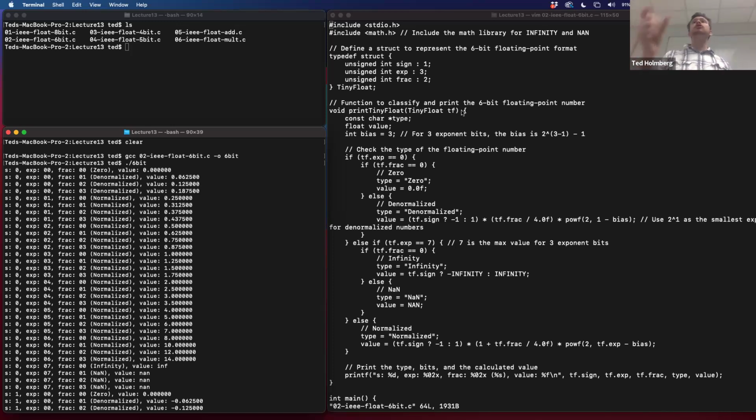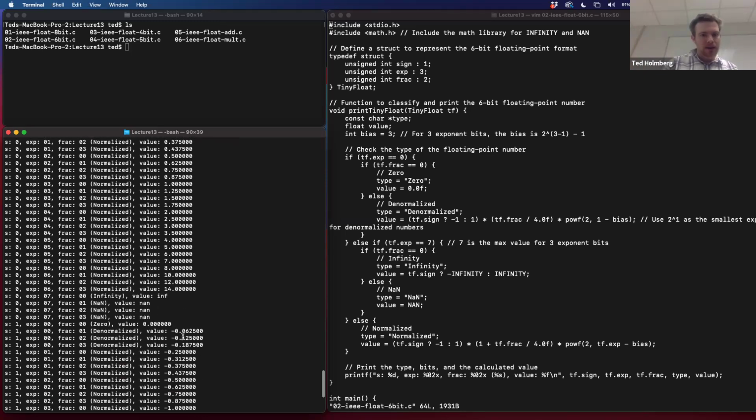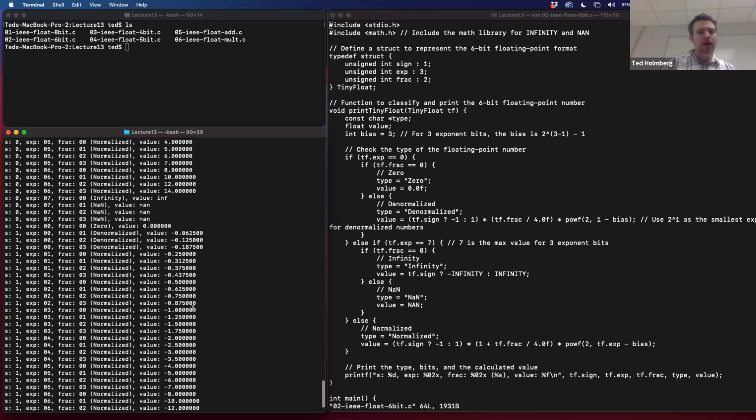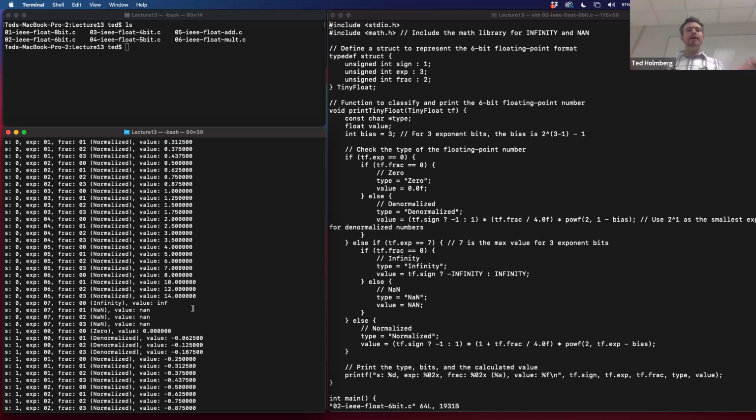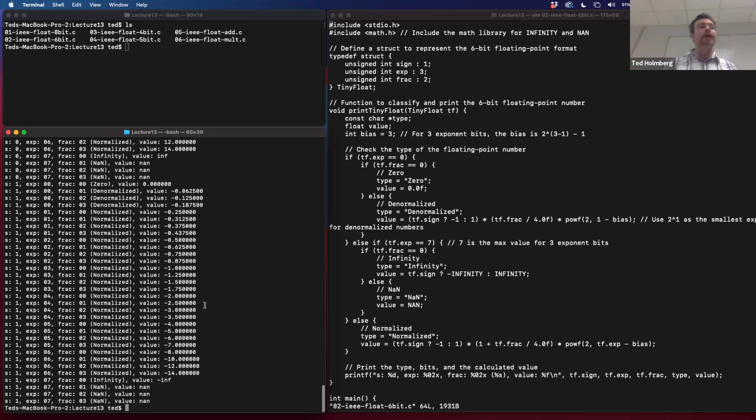The exponential space represents the number of normalized values I can have. And then this would be my normalized values here. In this representation, I have a min to max of from 14 to minus 14.